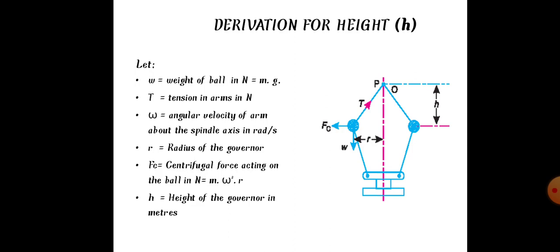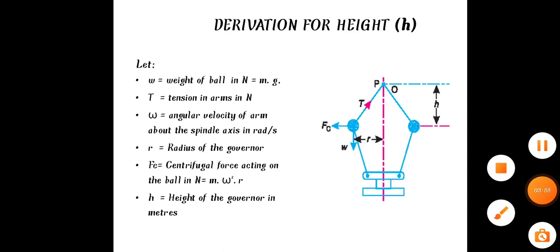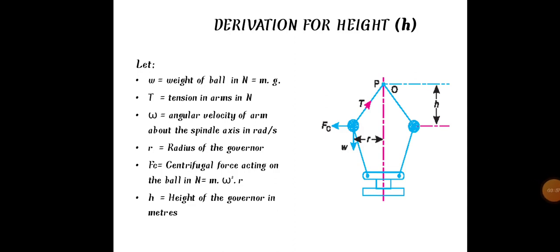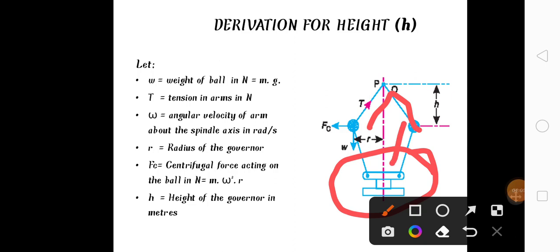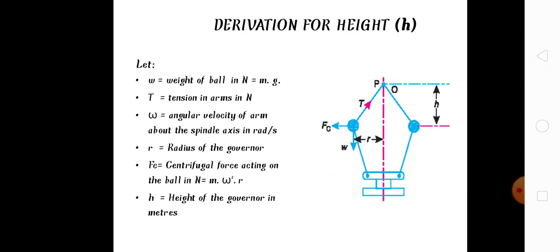We have to assume here that the weights of the arms, links and sleeves are negligible as compared to the weight of the ball. Which three weights do we consider negligible? The weight of the arms, the weight of the sleeves, and the weight of the links.